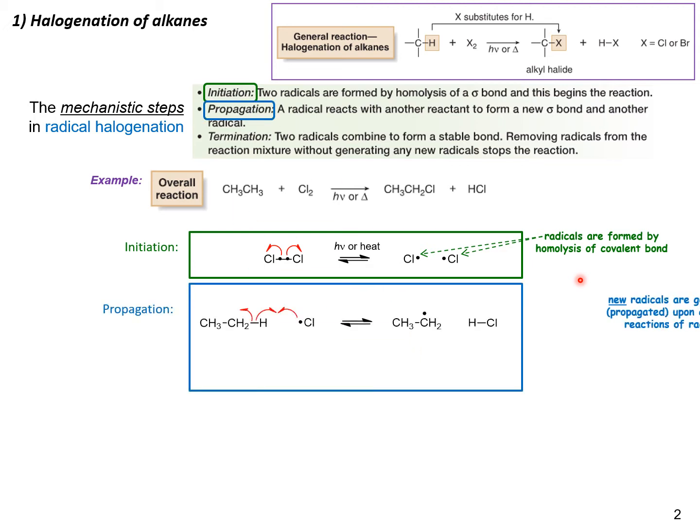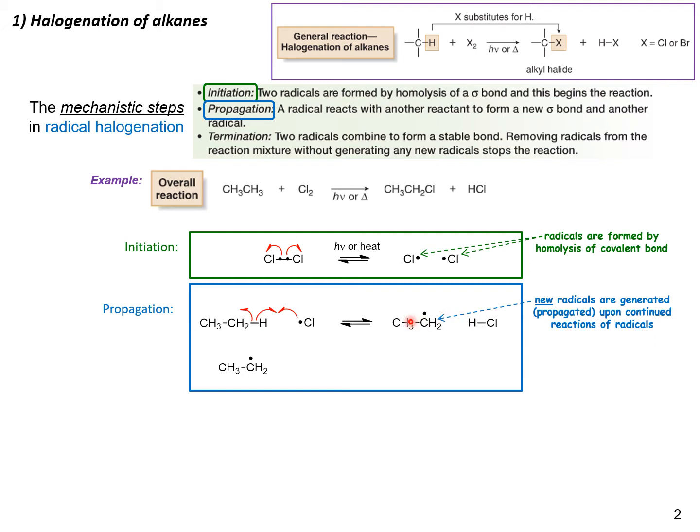When a chlorine radical encounters a molecule of ethane, it can abstract a hydrogen radical, and that would leave a radical on carbon. This is a propagation step, because in this process one radical is reacting and you're generating another radical, so a propagation or generation step.